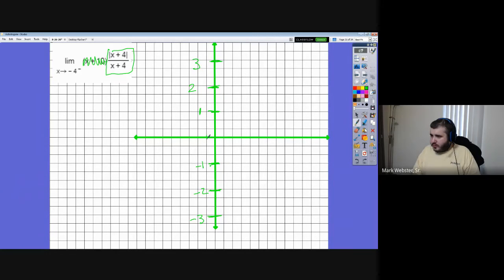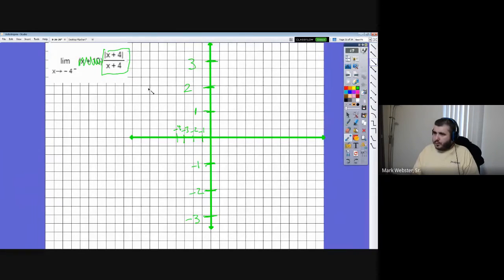So the deal is this: when we are working with this absolute value, this is shifted 4 to the left. At -4 and beyond, this is positive.